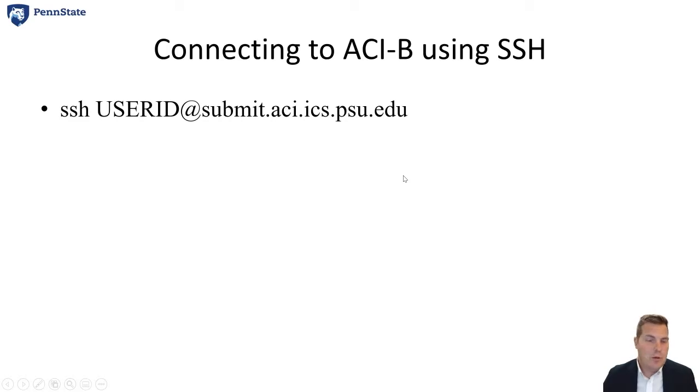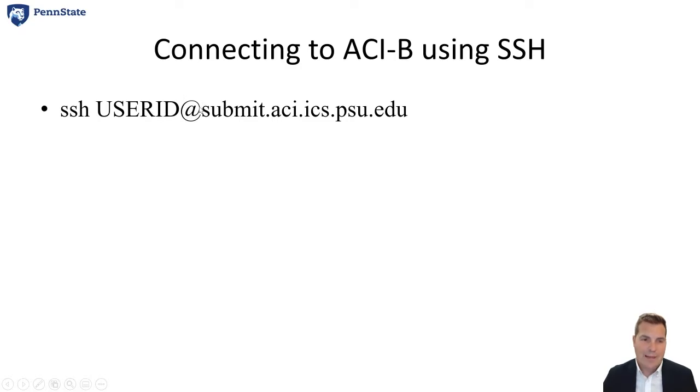The command is ssh, space, your user ID at submit.aci.ics.psu.edu. This is the host name. There are variations you can do here. For example, you could do ssh space -l space your user ID.